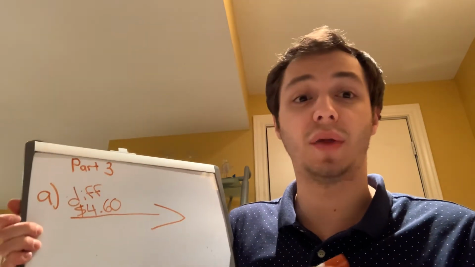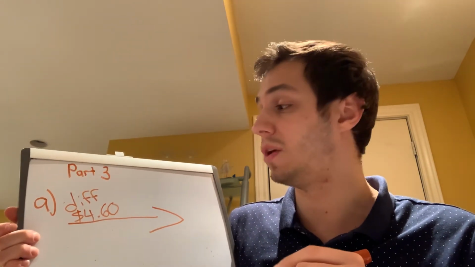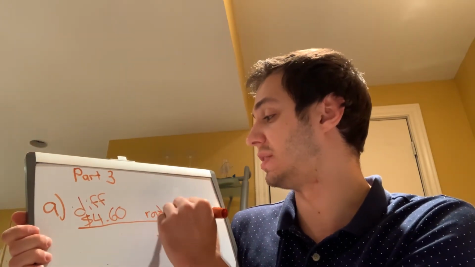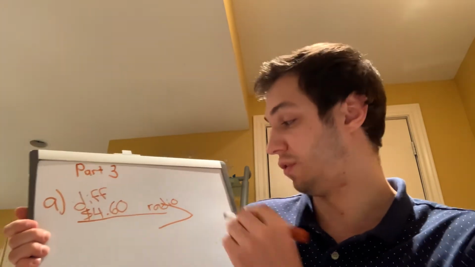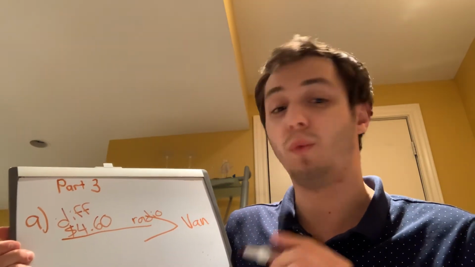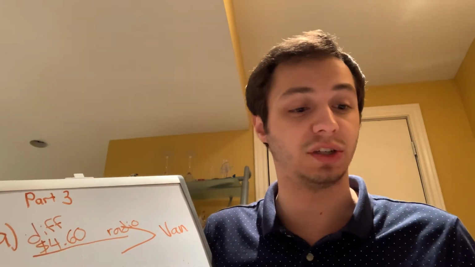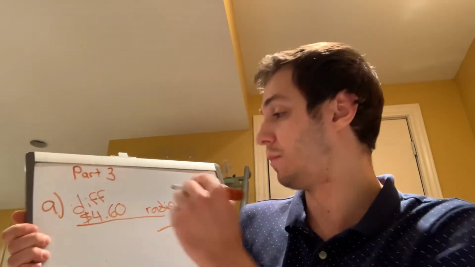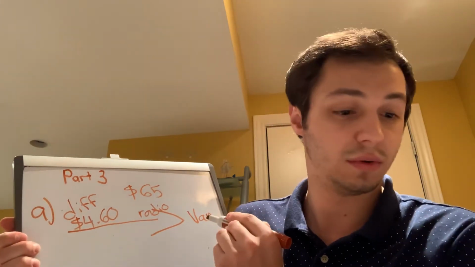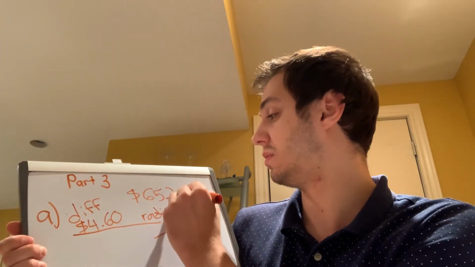It tells us that he bought the radio, right? The radio has to be our small number because Van still had money left over. So Van will be our big number. When we look at the image that I've attached, we can see that the radio cost $65.24.